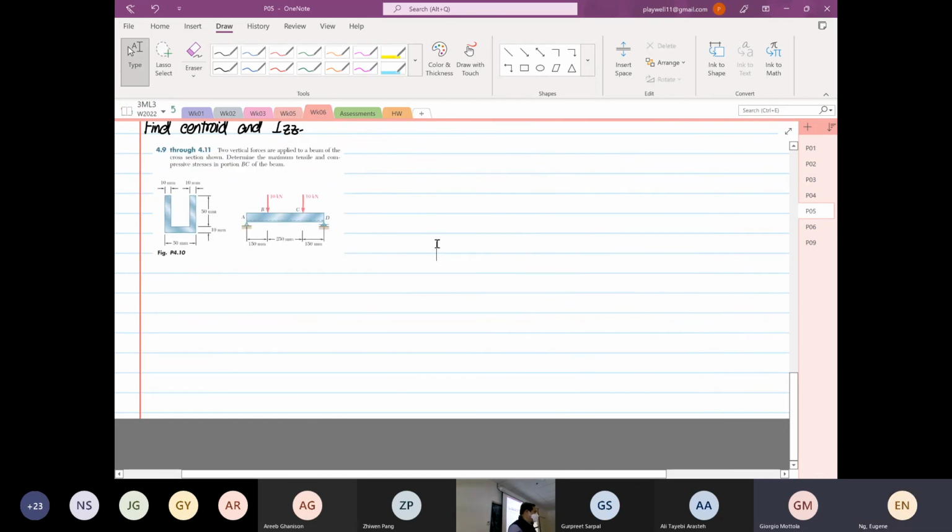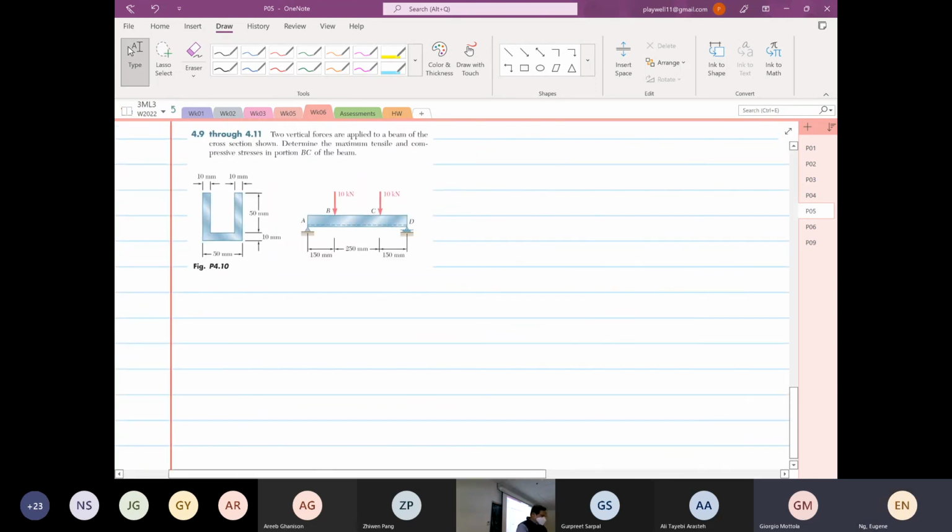And I realized while marking the term test, not all of you, but some of you still have issues with second moment of area. I want you to have some confidence. So I'm going to do it two ways. I'm going to do datum at the bottom and datum at the top.